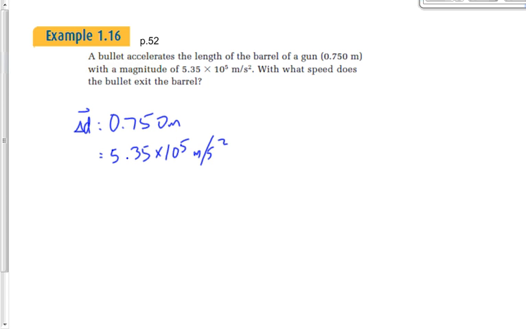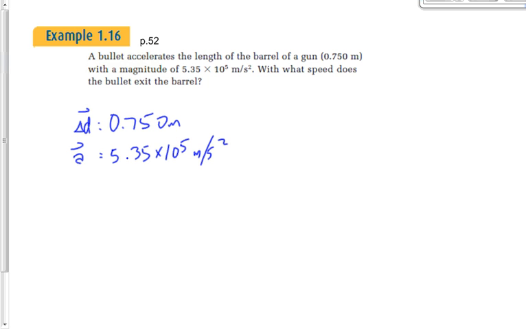What's the 5.35 times 10 to the 5, Tegan? That's how fast it accelerates. Anything else if I read between the lines here? Good. The I is 0. Doesn't tell me that, though, does it? Sometimes we just have to use our common sense here, right?